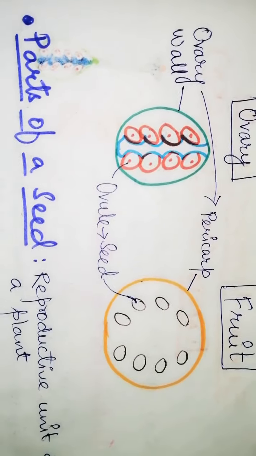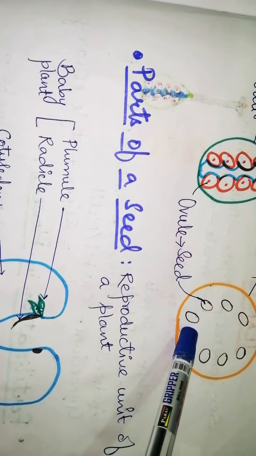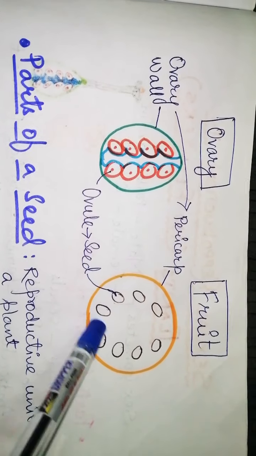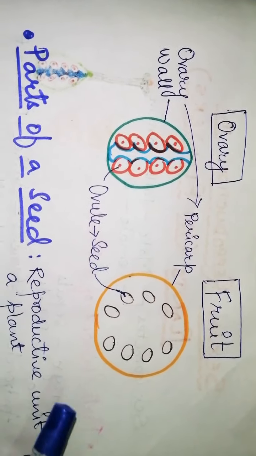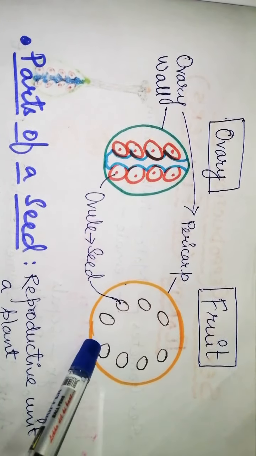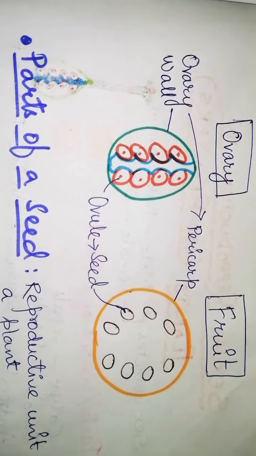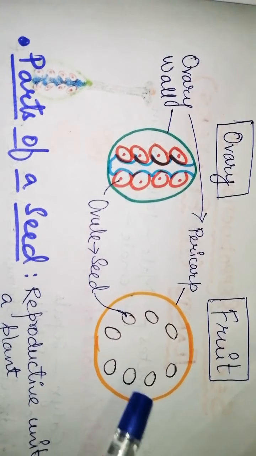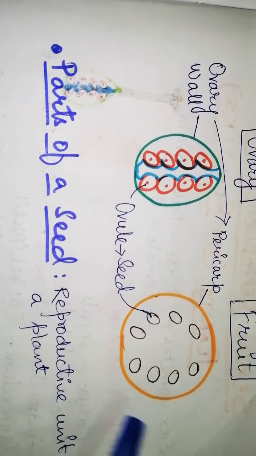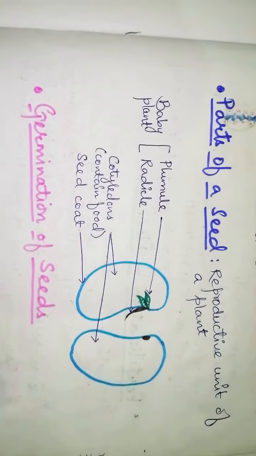Now let us see the different parts of a seed. What actually happens after this fruit is formed to the seed? When the fruit is eaten by animals or human beings, or it may also scatter due to birds or other creatures, this then will give rise to a new plant, and this process is known as germination.